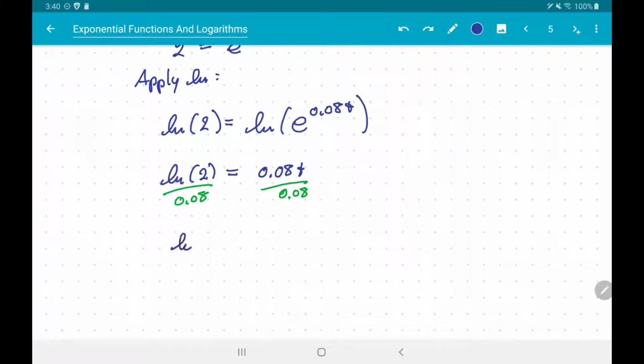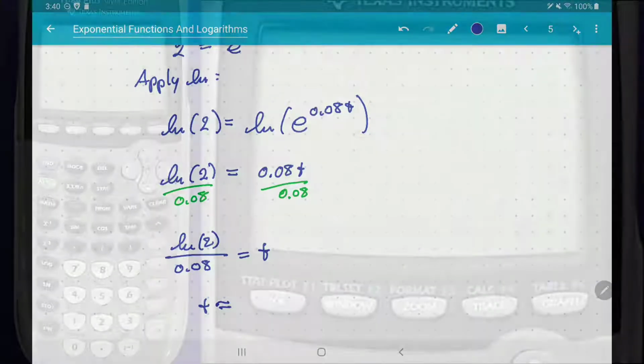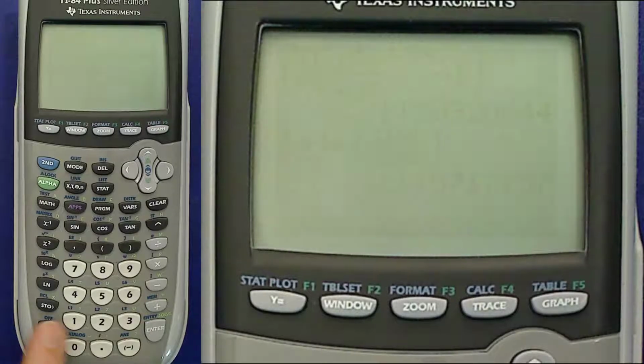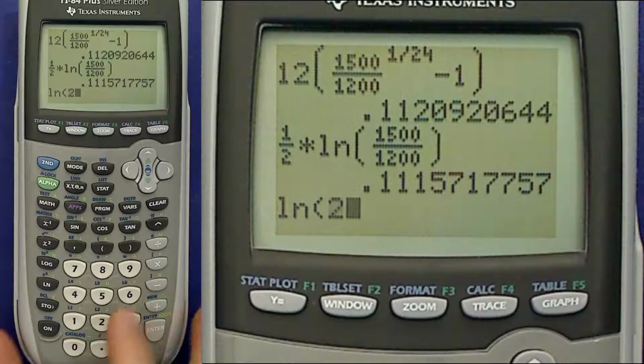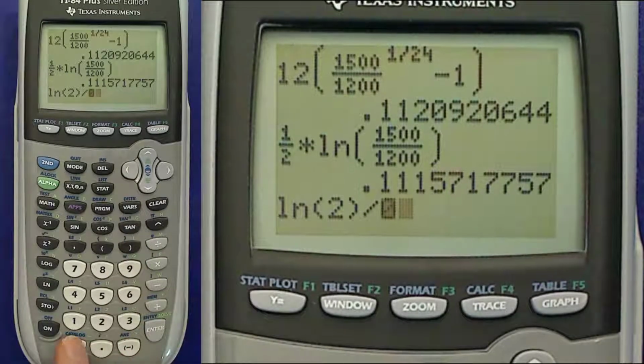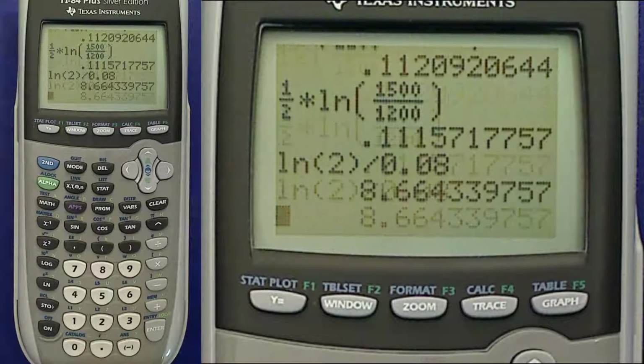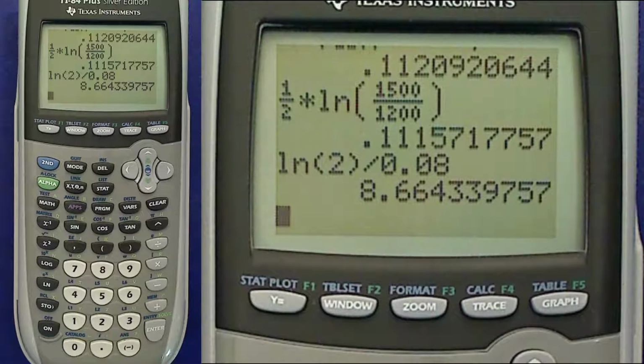So we end up with ln of 2 divided by 0.08 equals t. Again, going to the calculator, ln of 2 divided by 0.08 gives me 8.66.